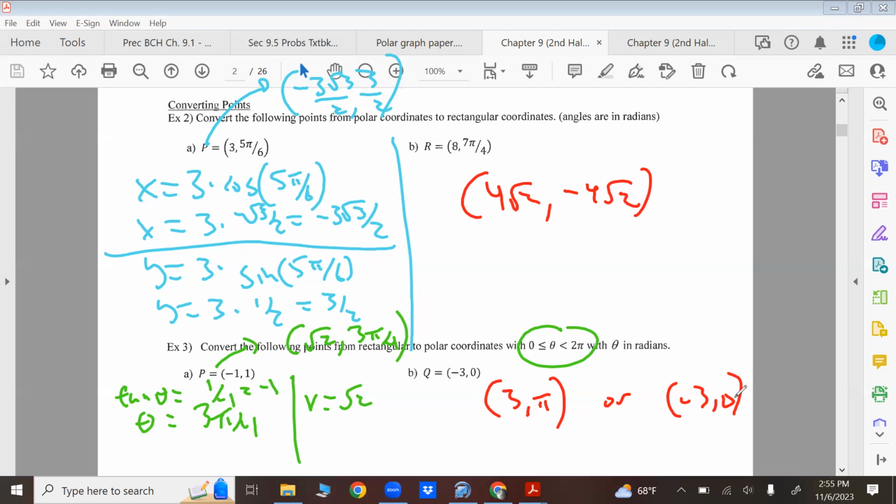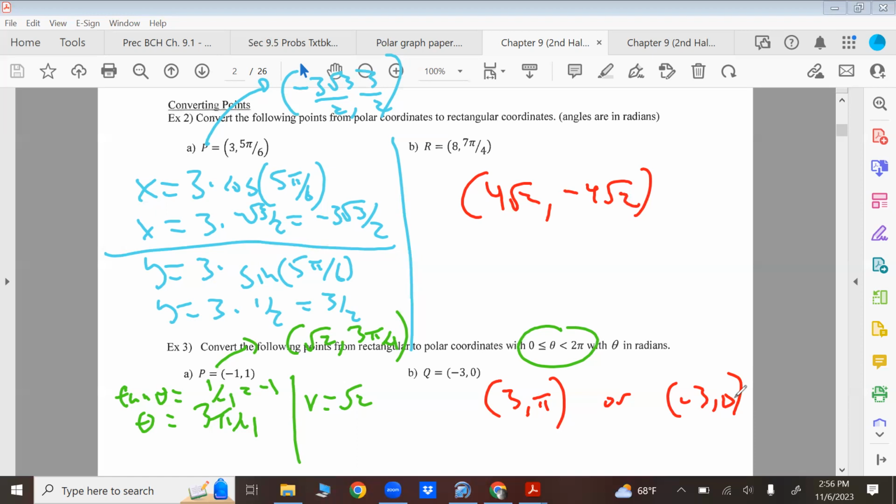Okay, if you do the math, negative 3 squared plus 0 squared is r squared. So r is going to be 3. And then you do the inverse tan, theta is 0.